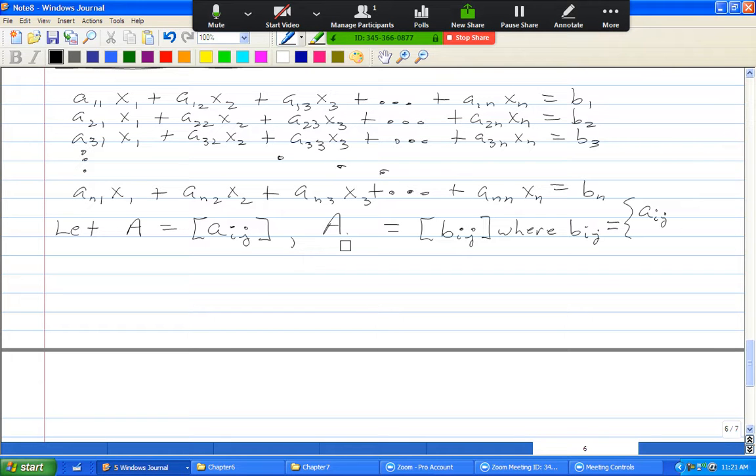Oh, maybe I should call it k. X sub k, because that'll be better for my notation.